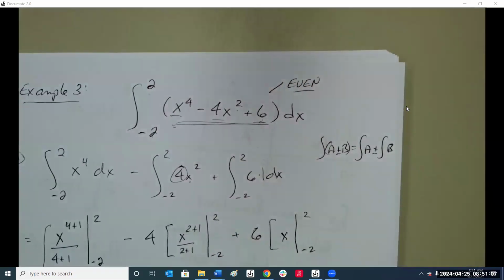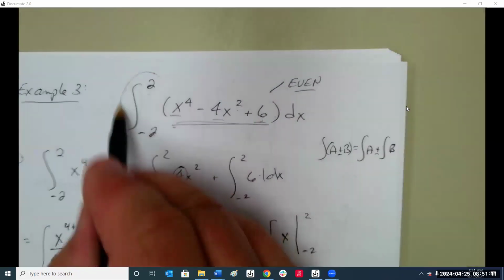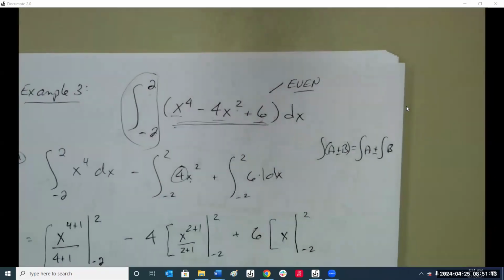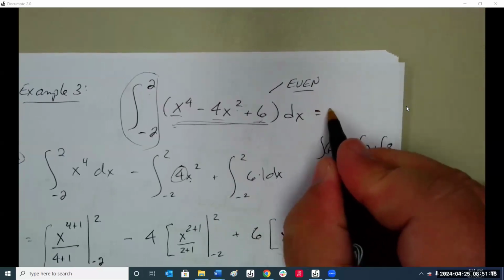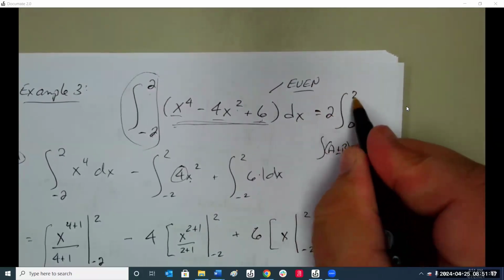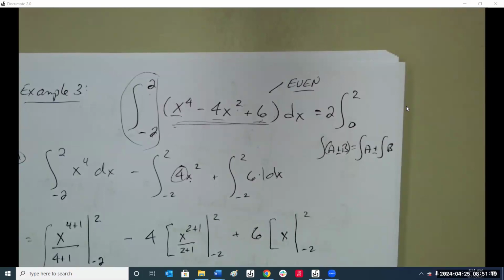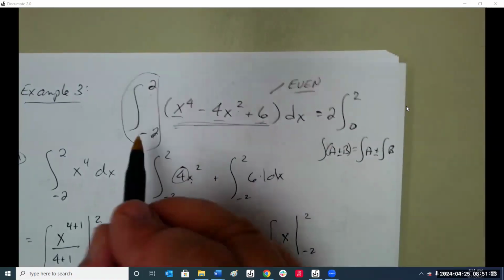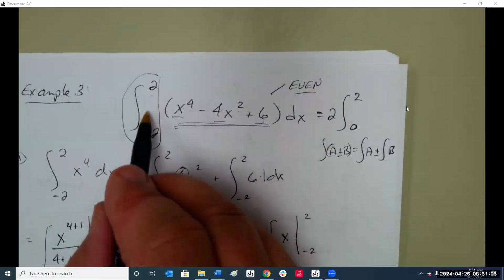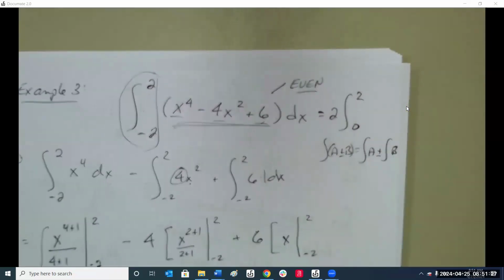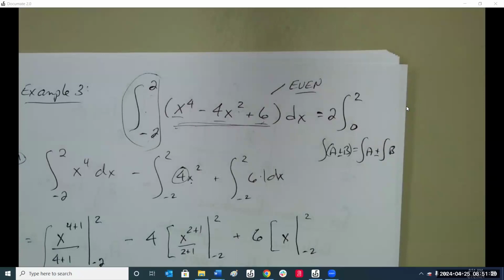If we would have noticed that from the beginning, we could have changed this earlier. We could have changed it to that, because from -2 to 0 is the same as from 0 to 2. So I'll just take half of it. So that's right. Before you do anything, see if it's an odd or even function.